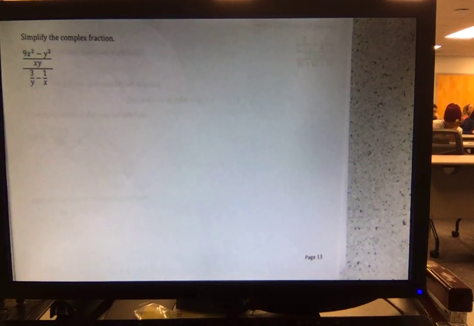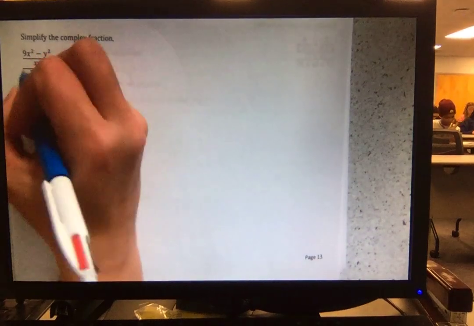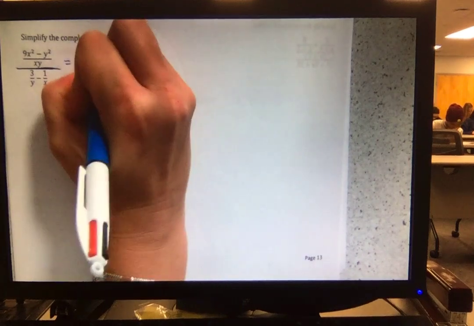So, speaking of difference of perfect squares, even though I kind of give you the answer right here. Simplifying the complex fraction: 9x squared minus y squared, all over xy, divided by 3 over y minus 1 over x. So for one, let's go ahead and split these up so it's not so overwhelming. I think that's the worst part about these, it looks so bad because there's so much going on. So I want to make it a little simpler. I'm going to rewrite it separating each side.